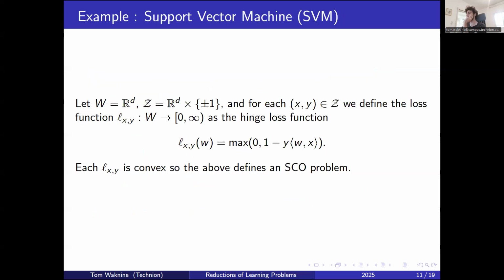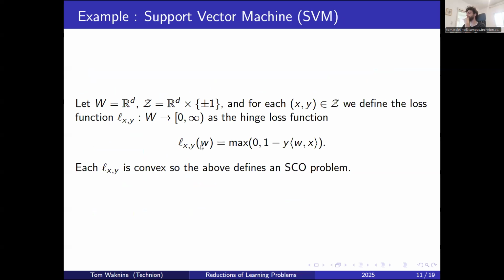So again, an example, pretty similar to what we saw before, but now as an SCO problem. Take W to be all of R^d, or if you want just stick to the unit ball or something like that. Z will be R^d times plus or minus 1. For each (x, y), we need to define a convex loss function.